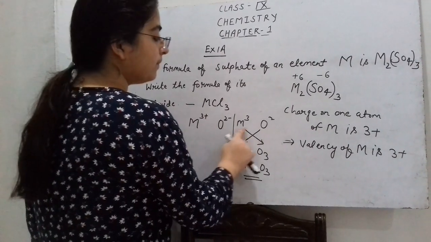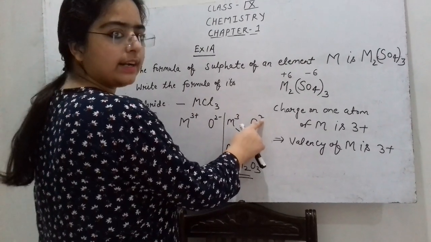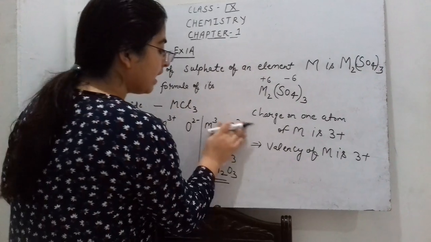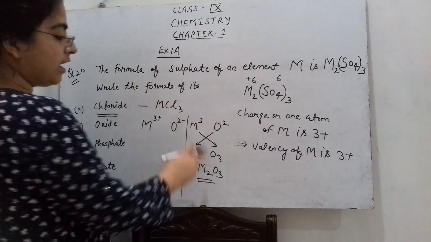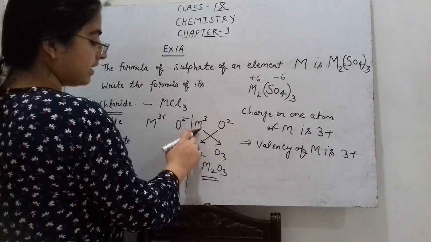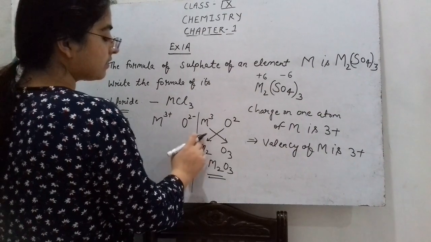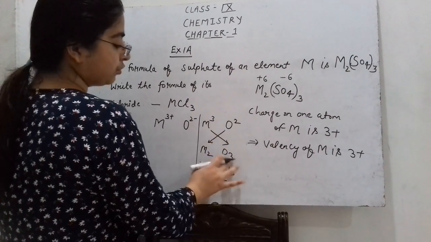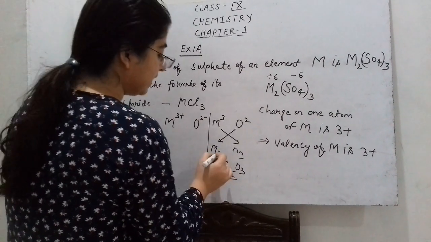In the next column we will write down the symbols and the valencies, but we will ignore the plus and minus sign here, and therefore it will be M3 and O2. Now we will cross over the valencies. The valency of oxygen will become the subscript of element M, and here O3 will come.